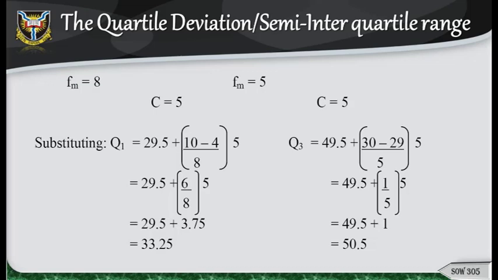Q3 equals 49.5 plus, open bracket, 30 minus 29 all over 5, close bracket, times 5, equals 49.5 plus, open bracket, 1 over 5, close bracket, times 5, is equal to 49.5 plus 1, equals 50.5.